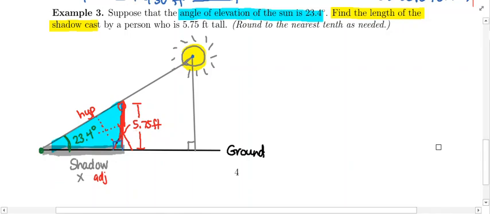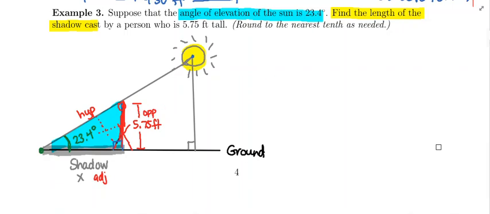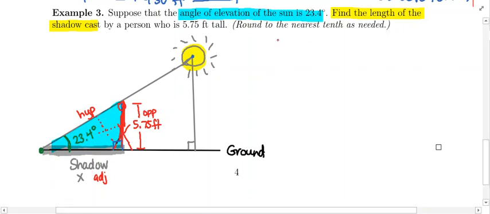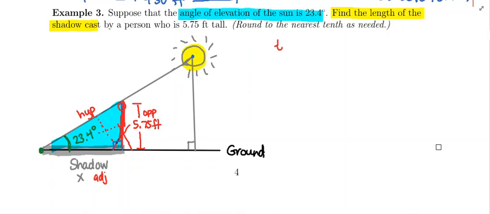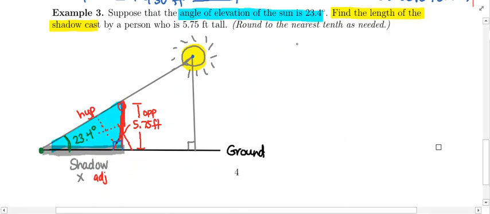So with this 23.4 degrees, we know the opposite side, its length is 5.75 feet. We are looking for the length of the shadow, which is the adjacent side. So I'm going to go ahead again and use tangent, because we know the opposite side, and we need to include the adjacent side because that is our unknown.